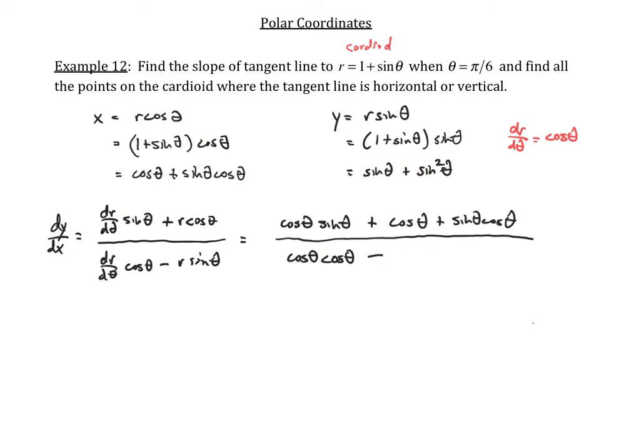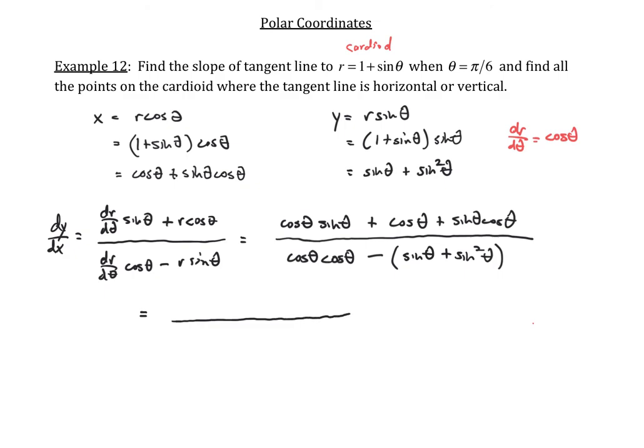So let's put parentheses, sine theta plus sine squared theta, like that. Okay. So I'm tempted to end this here, but I see that we could do some simplification. So I think maybe we should simplify this a little bit. So let's do that. So let me put the line here.